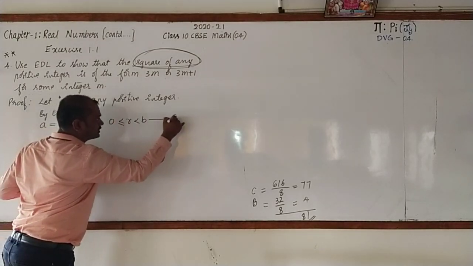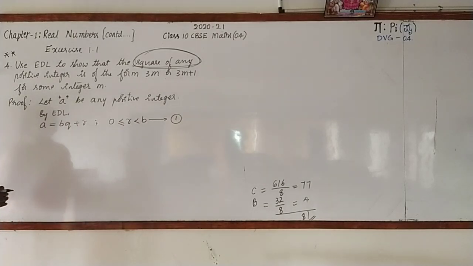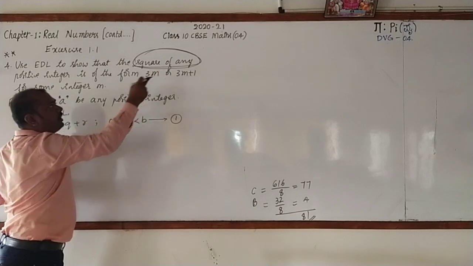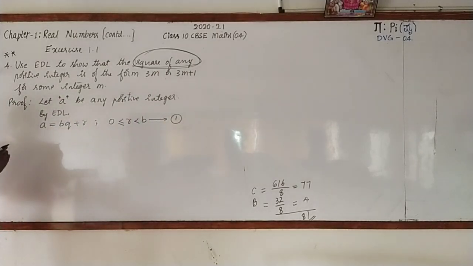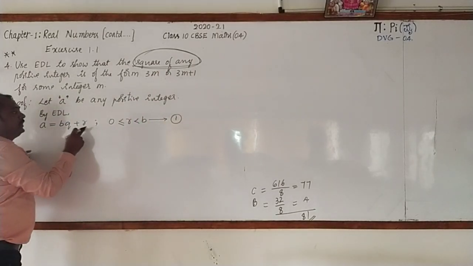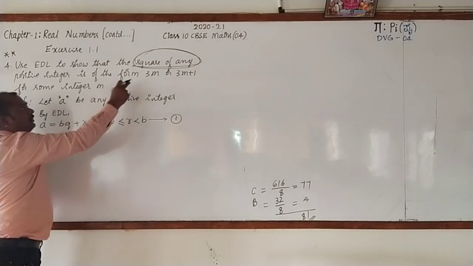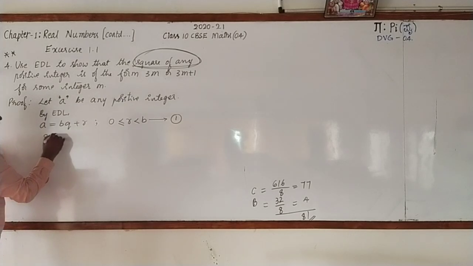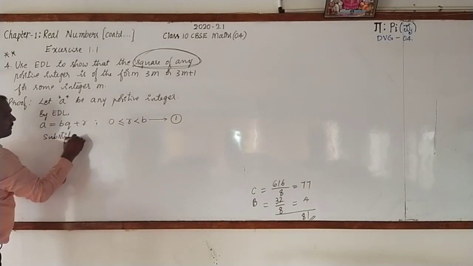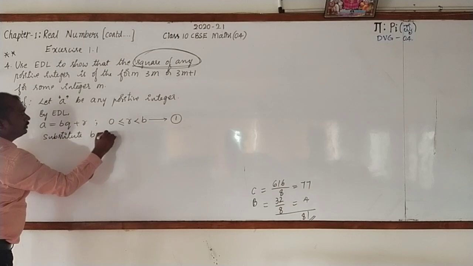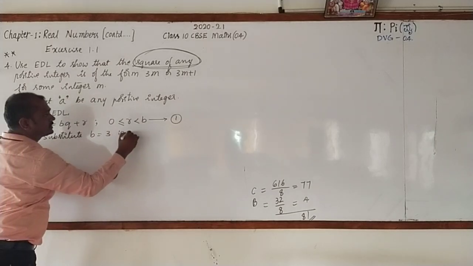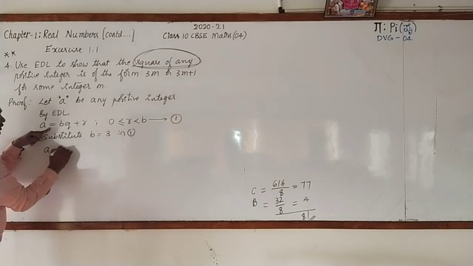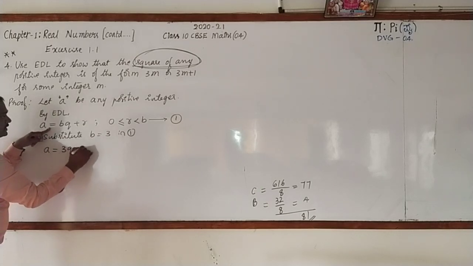You may call it as statement 1. Now, the square of any positive integer is of the form 3m or 3m plus 1. So, in bq plus r, in place of b, what should be substituted? 3 should be substituted. So, substitute b equal to 3 in the statement 1. Now we can rewrite this as a equal to 3q plus r.